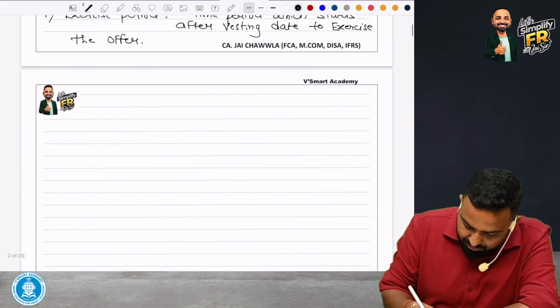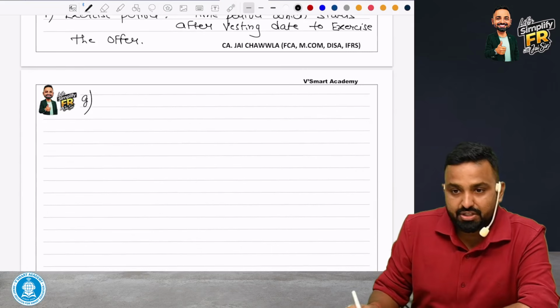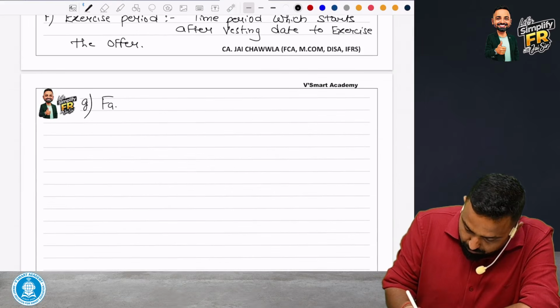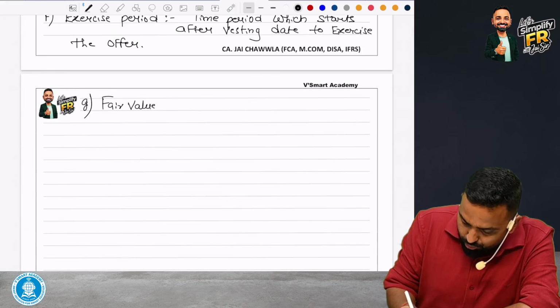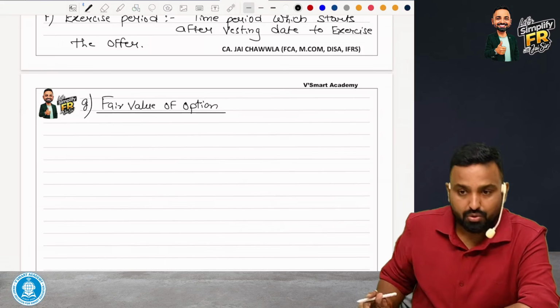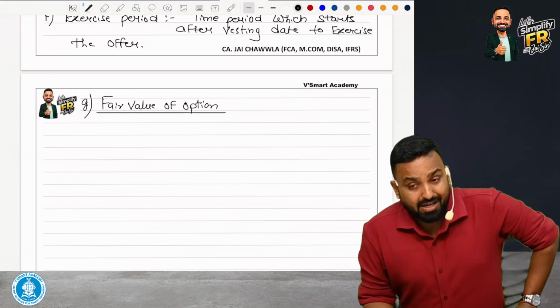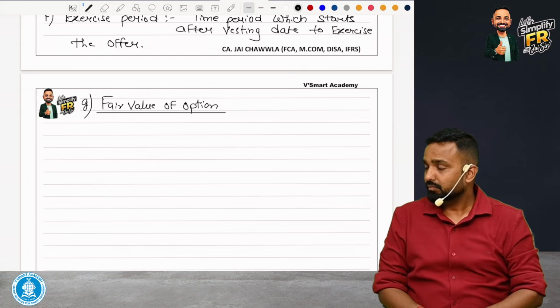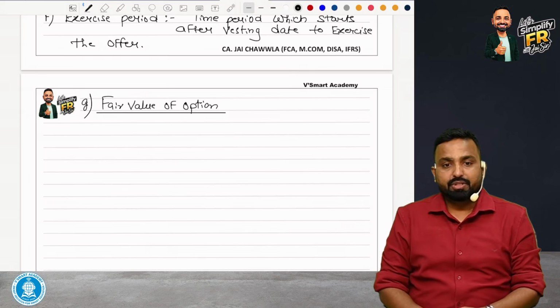One last term, fair value of option. First of all, let us understand why I am calling it option. What is the full form of ESOP?